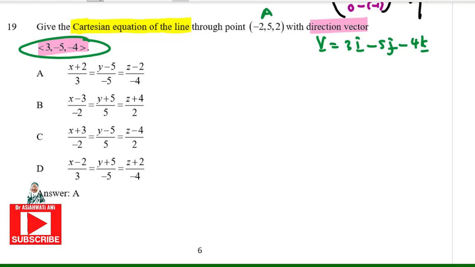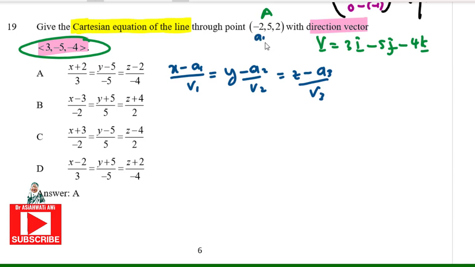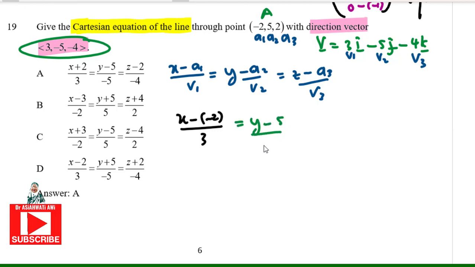The pattern is x minus a1 over v1, y minus a2 over v2, z minus a3 over v3, where a1, a2, a3 and v1, v2, v3. Just substitute: x minus negative 2 over 3, y minus 5 over negative 5, and z minus 2 over negative 4.